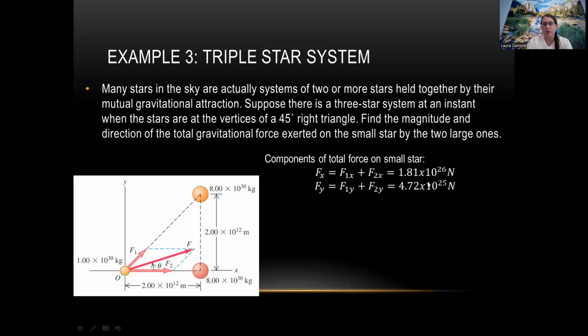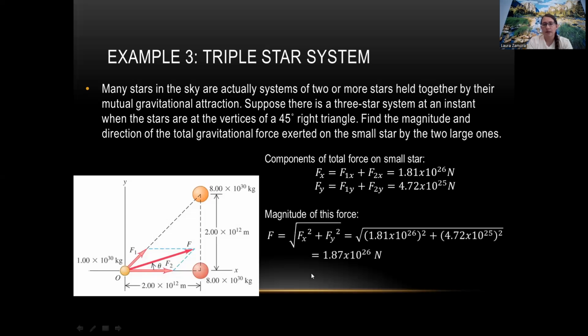Okay, so here I rewrote the components. The magnitude of this force, remember this equation comes from the first week of class when we talked about vectors. The magnitude of the force, we use the Pythagorean theorem to find. So it's the x component squared plus the y component squared. And then we take the square root of that result.